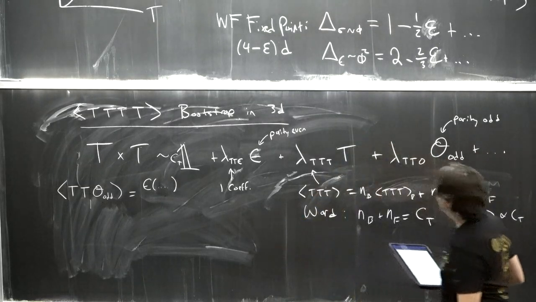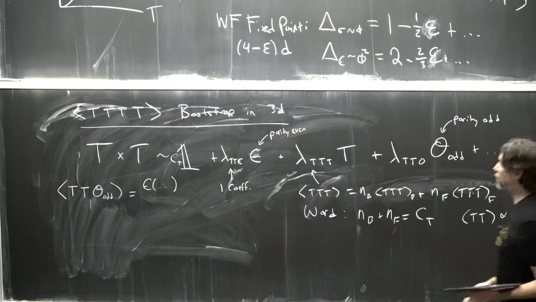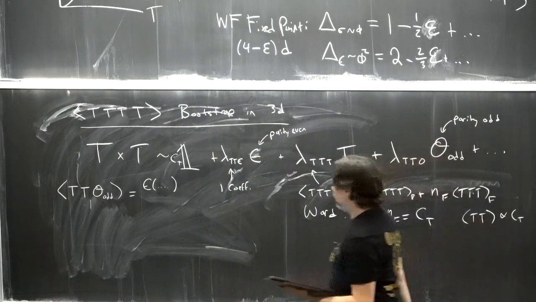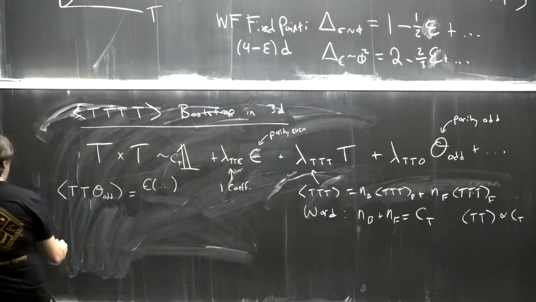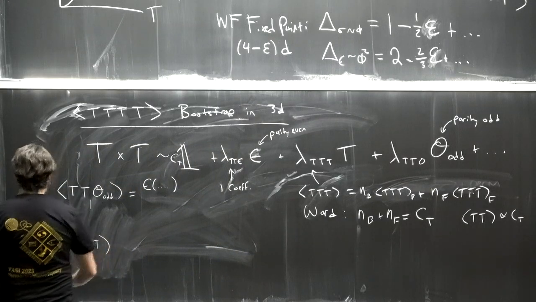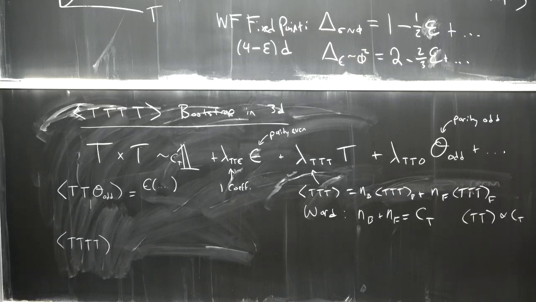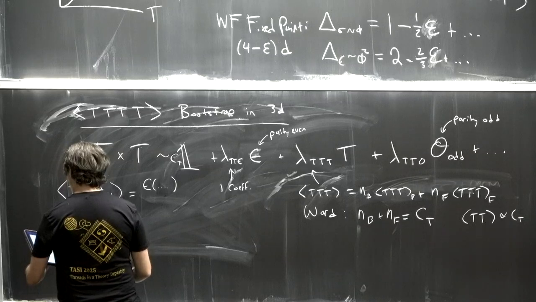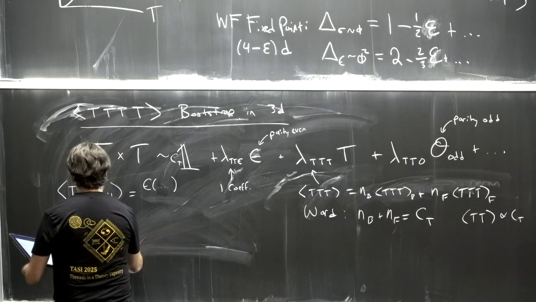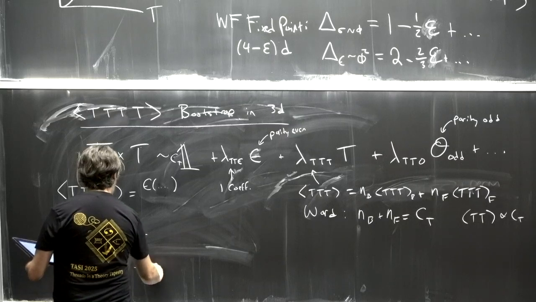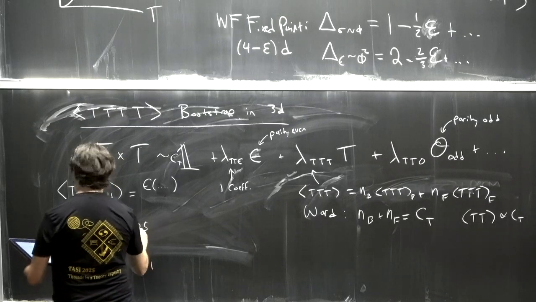Okay. Now, how many crossing relations do I have to worry about when I'm doing this? Well, this requires some analysis because, naively, you write down 4-point functions of spin 2 operators, and you'll see something like 625 different tensor structures that you can write down.